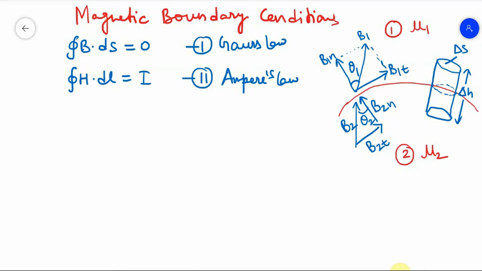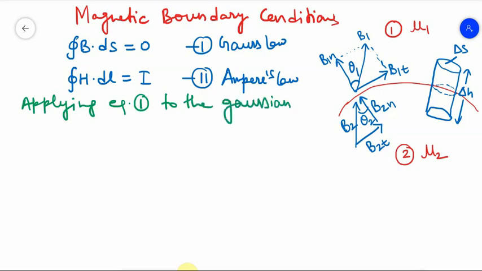Now we have considered the boundary condition between two different magnetic media 1 and 2 with permeabilities mu1 and mu2 respectively. Now applying equation 1 to the pillbox, that is the Gaussian surface, what can we write?